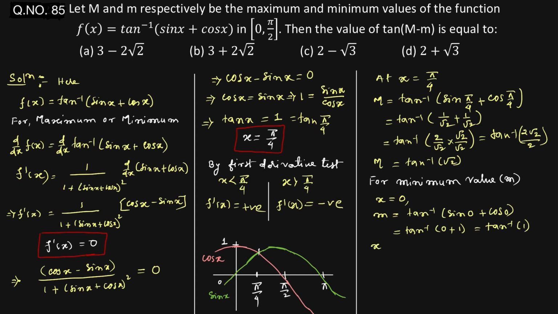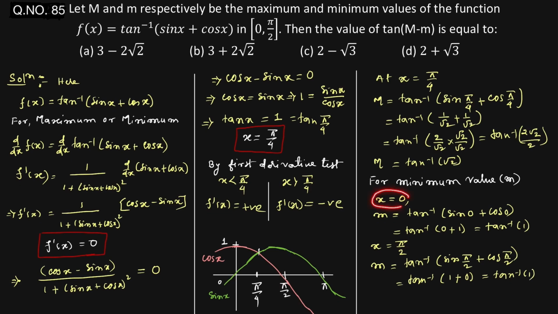Now when we take x equal to pi by 2, then the minimum value m, we will get tan inverse of sin pi by 2 plus cos pi by 2, which is tan inverse of sin pi by 2, that is 1, plus cos pi by 2, that is 0, which is equal to tan inverse 1.